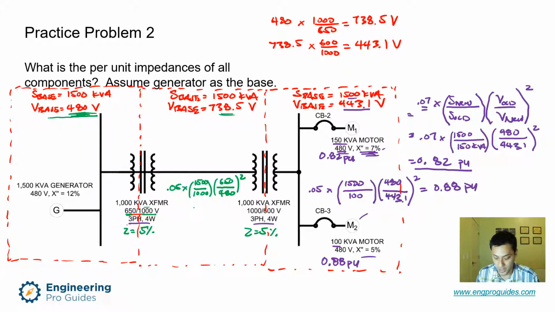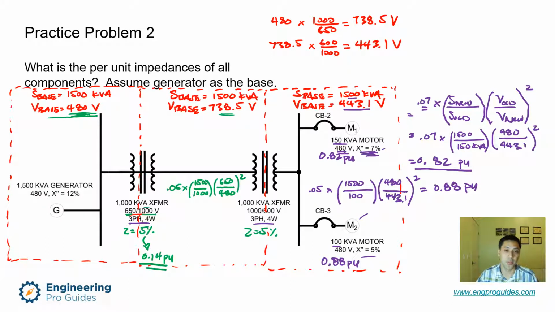So 0.05 times 1500 divided by 1000 times 650 divided by 480 quantity squared. And this Z equal to 5% is going to be converted to 0.14 per unit.